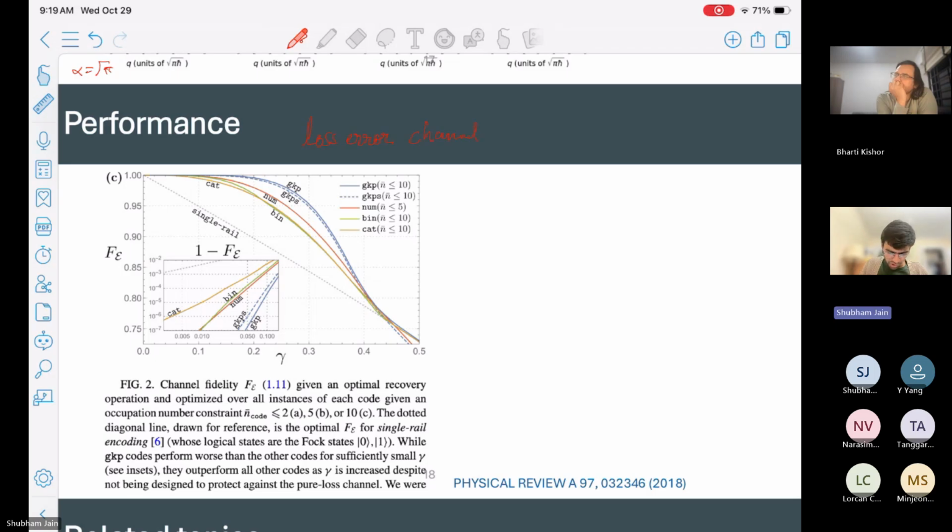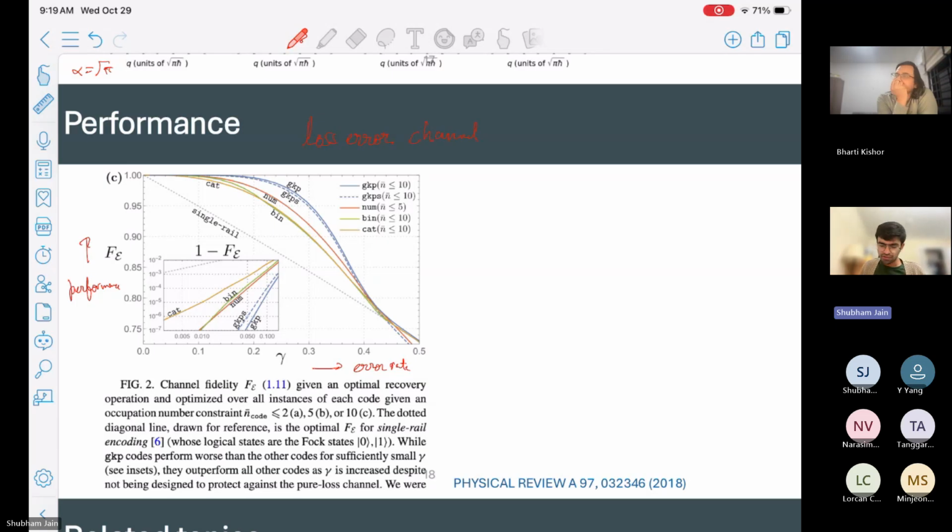What's plotted on the y-axis here is the proxy performance, so the higher the value, the better the code is performing, and this is the error rate. So if you go more towards the right on this x-axis, it means that your system is more erroneous.